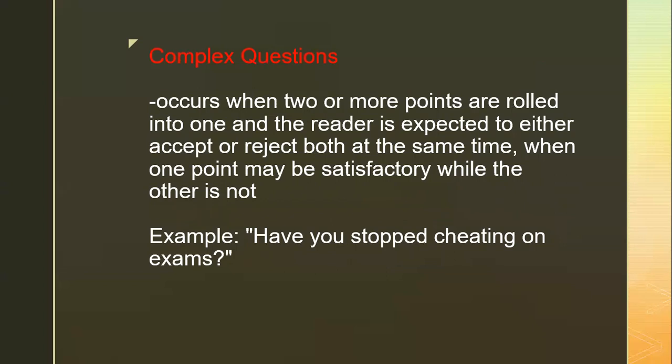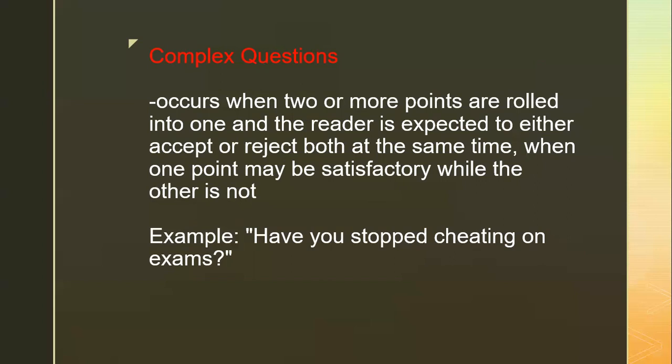There is already a presupposition, or something presumed to be acceptable to the respondents, when the question is asked. Meaning, for example, this specific type of sentence, have you stopped cheating on exams? This type of question already assumes that you're already cheating. You are a cheater.